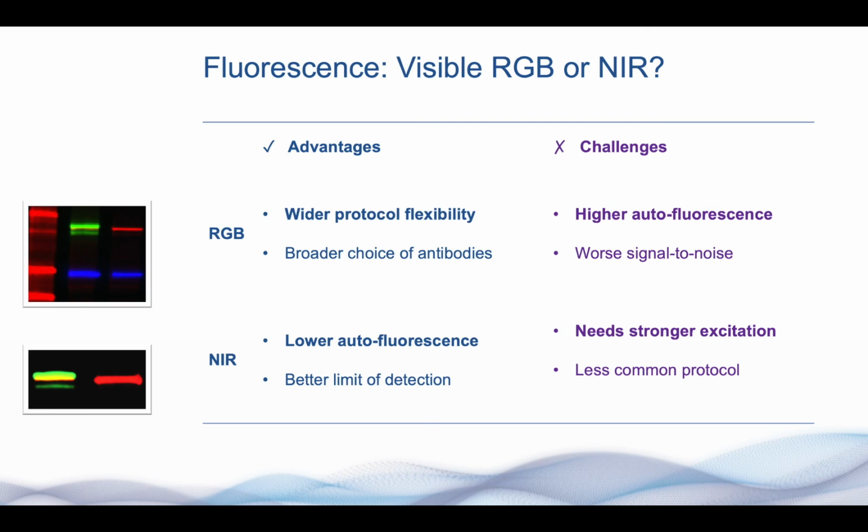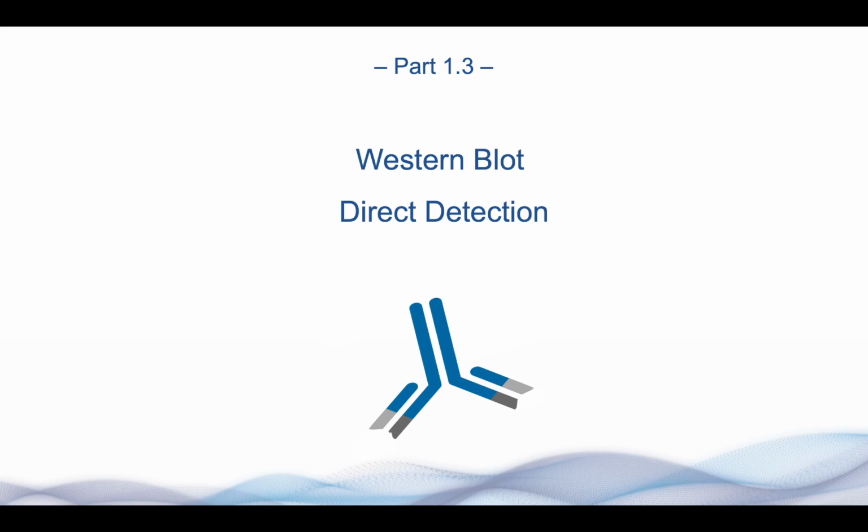The challenge is that there is usually higher autofluorescence in this channel. While in the infrared, we generally have lower autofluorescence, which gives us better sensitivity and better limits of detection. But we usually need a stronger excitation, so not every system can give us a good infrared detection. Usually the laser is the great way to detect the infrared.